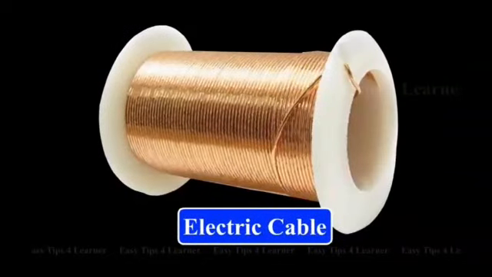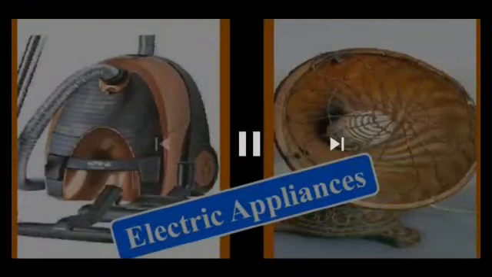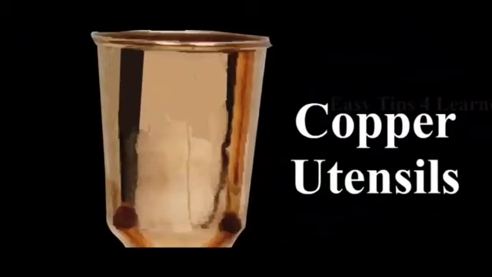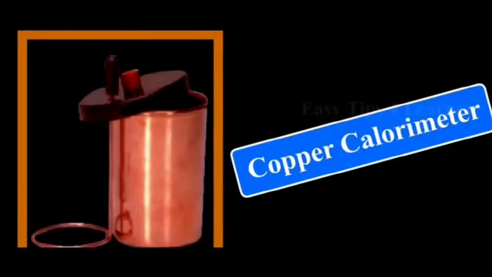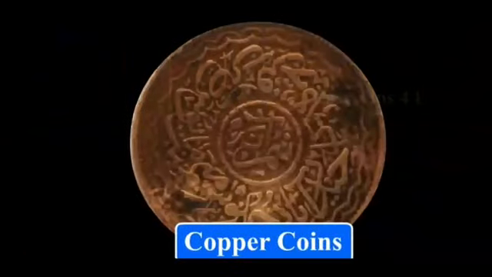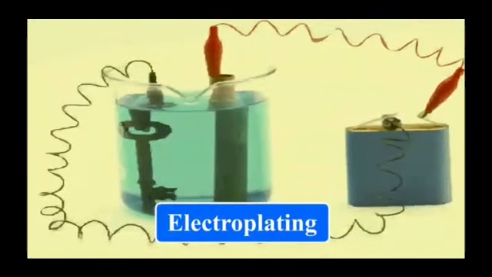Uses of copper. It is used for making electric cables and electric appliances. It is also used for making utensils, containers, calorimeters, coins, etc. It is used in electroplating.